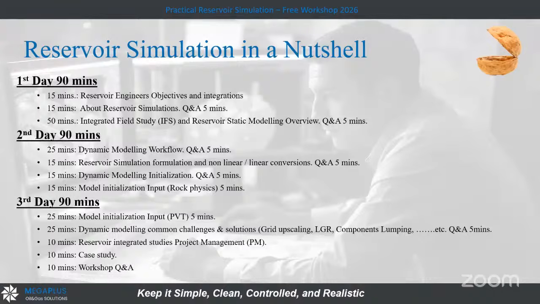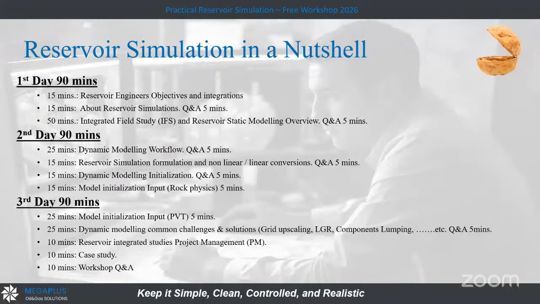After that, we are going to see the dynamic modeling common challenges and solutions. Again, we will talk about grid upscaling, something called LGR, local grid refining. We will have an overview about components lumping and delumping, how it affects the model and why we need to make lumping and delumping.